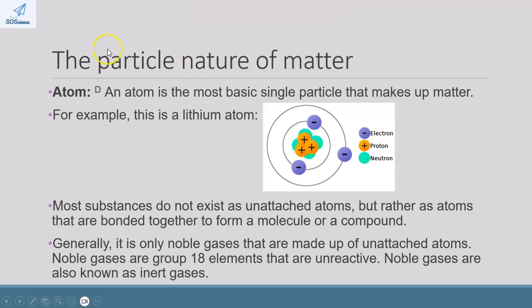Noble gases never ever chemically react. They're unreactive, and we need to know that noble gases may also be referred to as inert gases. So we'll come back to noble gases a little bit later, and we're going to understand why noble gases don't react.